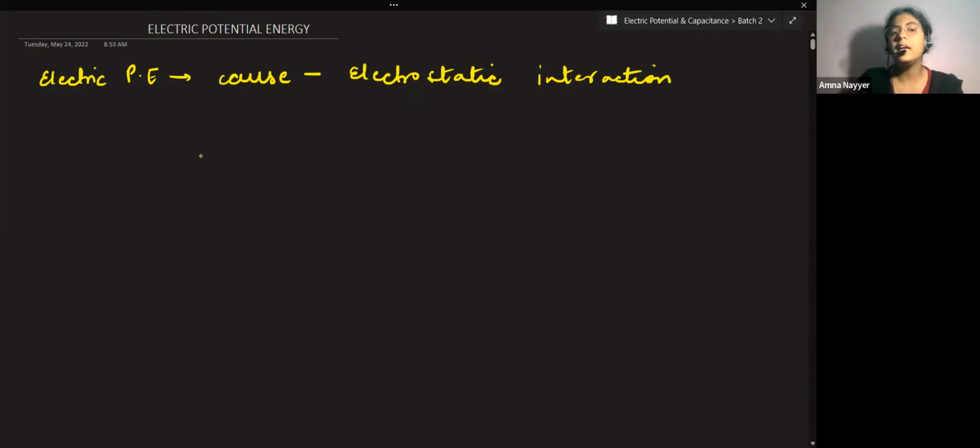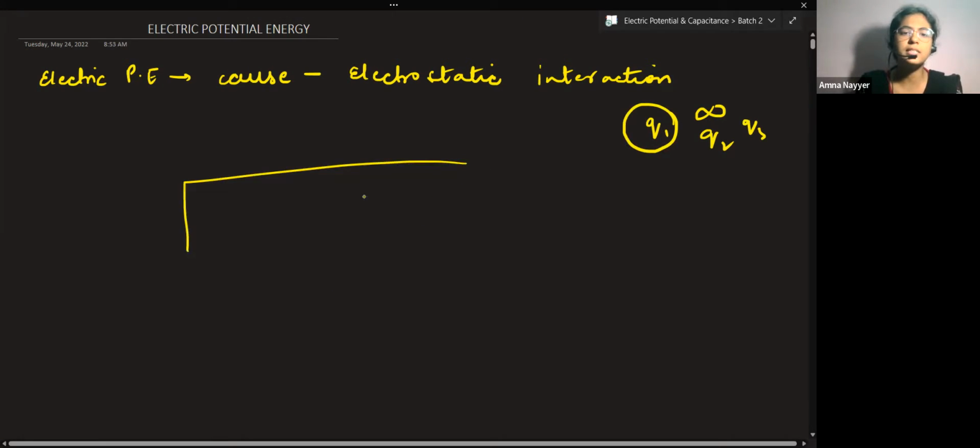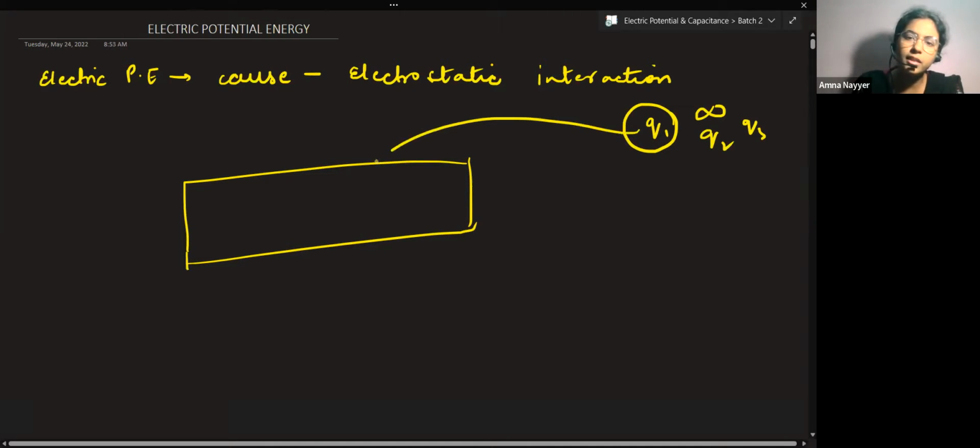Now you can relate potential energy with work done. If I say I have some charges at infinity, let's say this is infinity, and I have some charges Q1, Q2, Q3 located at infinity. Now if I bring this charge Q1, this is my system. Right now there is not a single charge present. Then I somehow bring this Q1 from infinity to here.